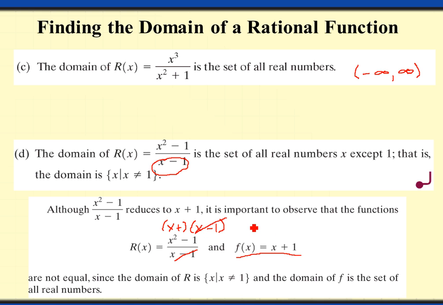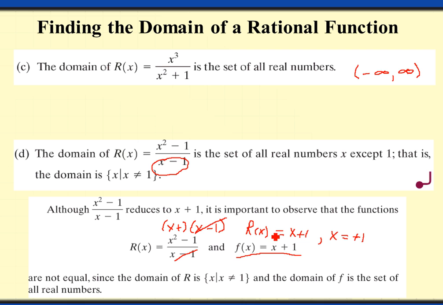So what we could say is that r of x is equal to x plus 1, provided we never let x be equal to 1, because that was the issue in the very beginning.